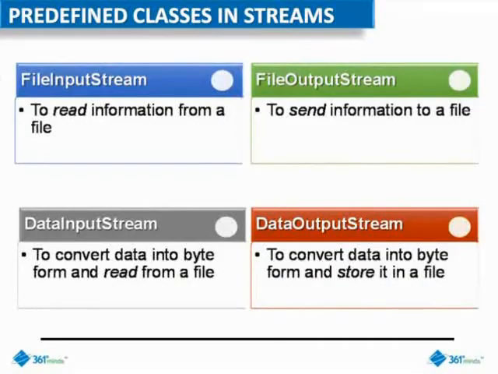Some of the predefined classes and streams that you see are the file input stream. This reads information from a file as a character. It will not convert the data into bytes, but please make a note that the input stream is for reading and the output stream is for writing.